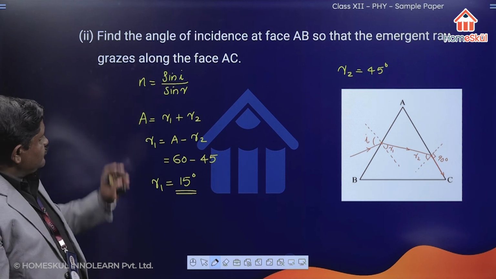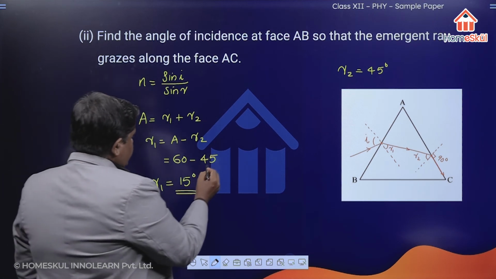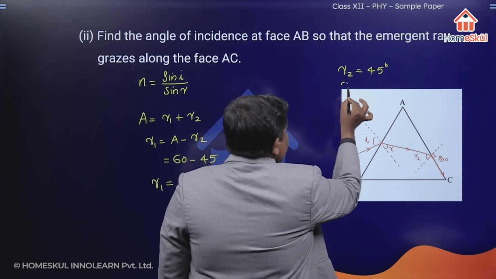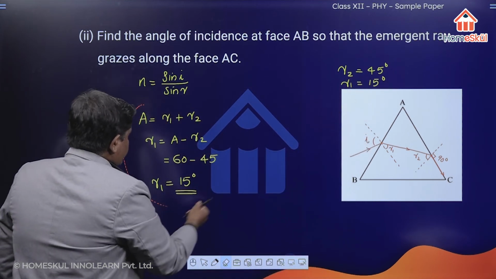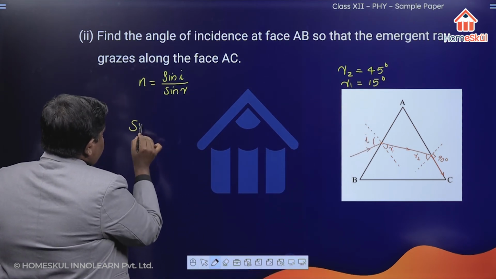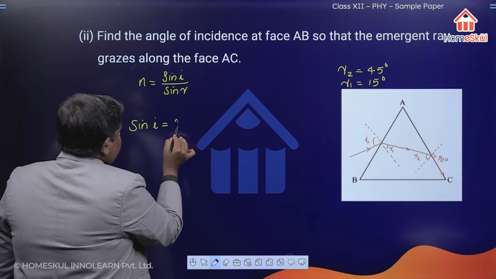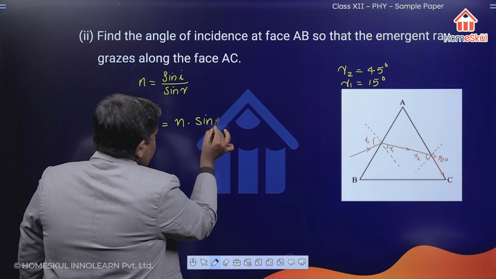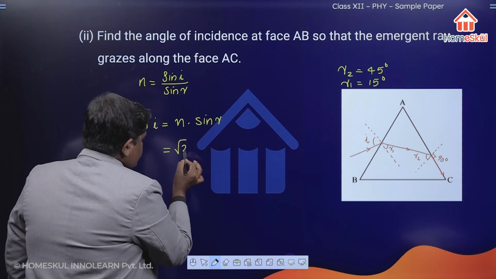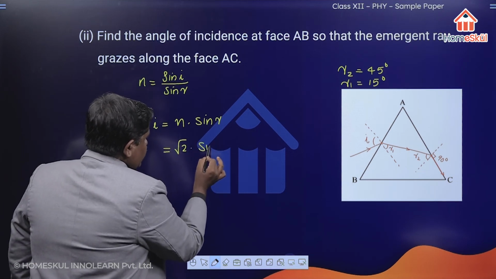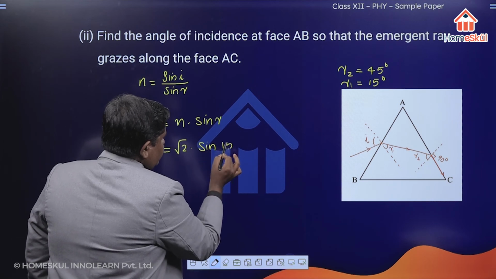Now we have to substitute in that equation. So here R1 equal to 15 degree. Therefore sine I is equal to n into sine R. That is equal to, the value of n is given, that is root 2 into sine 15 degree.